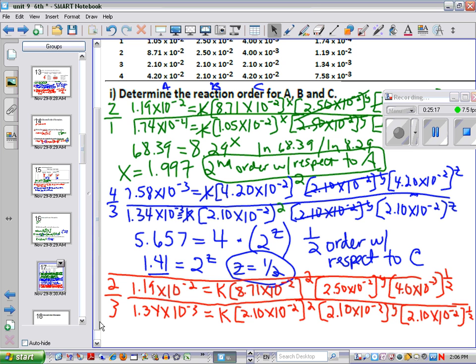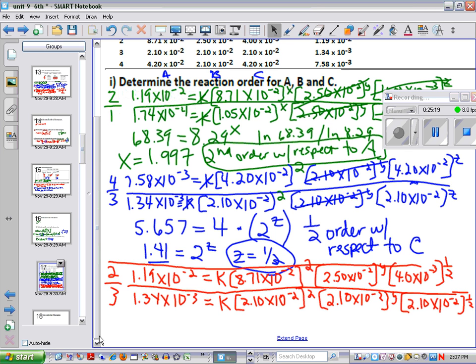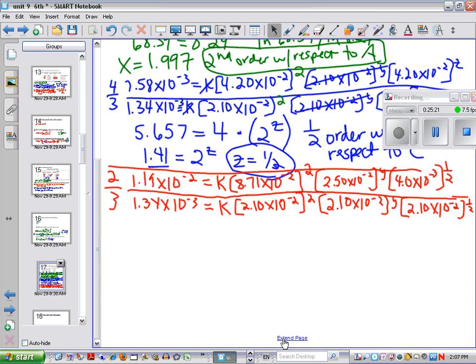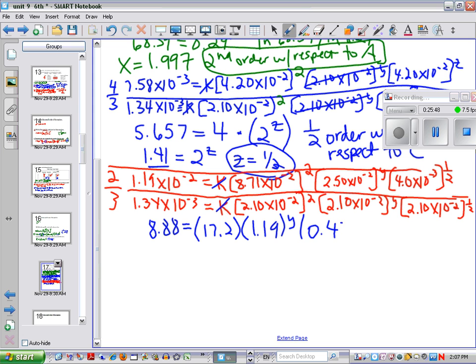Okay, luckily I have all of this already figured out for us. I'm going to extend it a little more. So when I divide these two rates, I get 8.88 is equal to, k still cancels, and here I get 17.2, and there I get 1.19 to the y, and there I get 2 to the 1/2 power, which comes out to be 0.436.